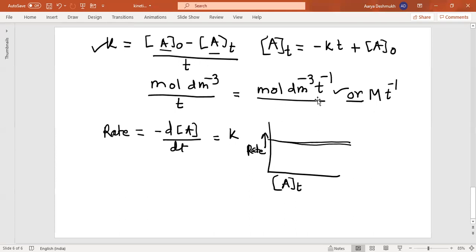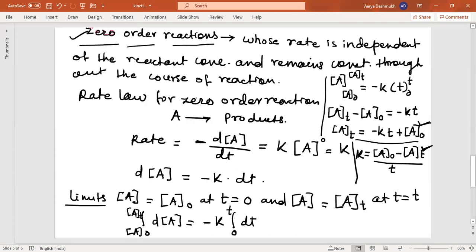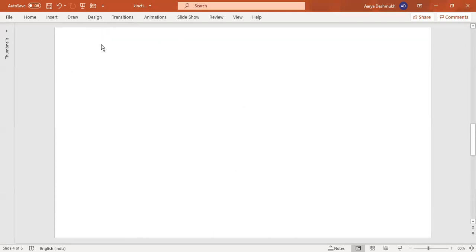Now we'll go to the next slide. For the integrated rate law of the zero order reaction, you will be able to draw the graph. We have the equation: concentration of A at time t equals minus Kt plus concentration of A at 0 time.